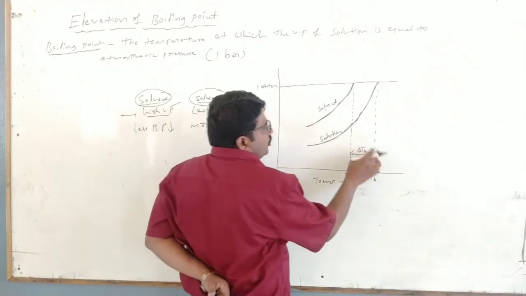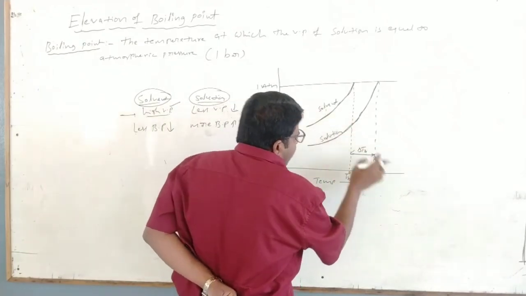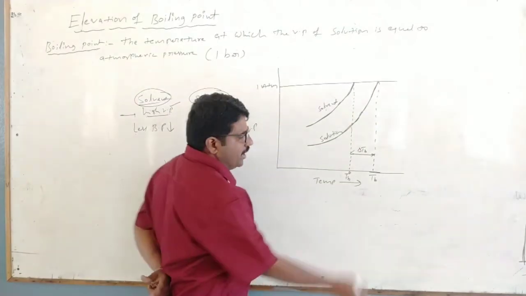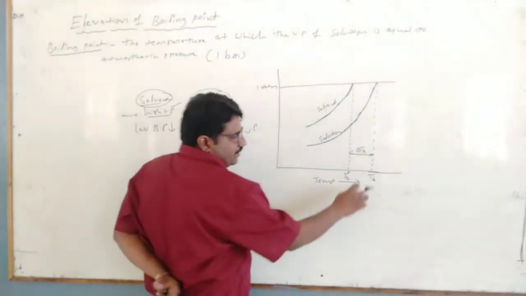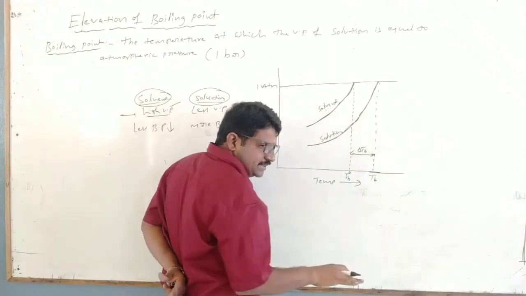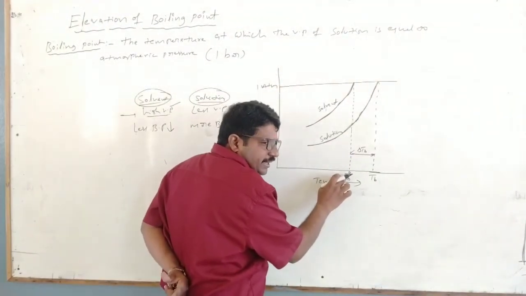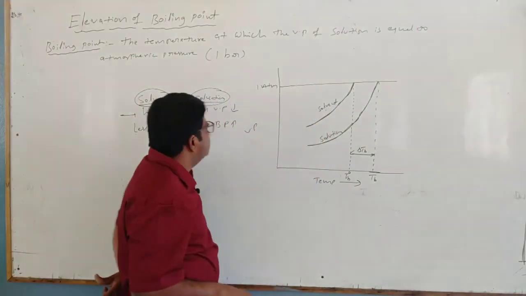Between solvent and solution, the solution has more boiling point than the solvent, because the vapor pressure of the solution is less, so boiling point is more. The vapor pressure of the solvent is high, so boiling point is less.